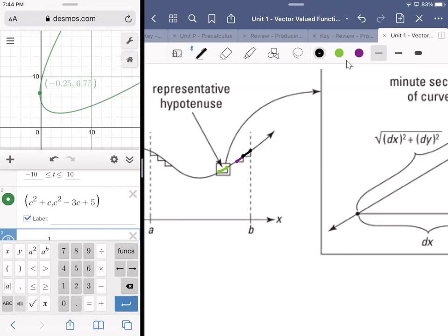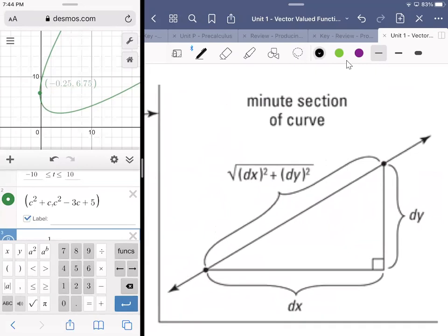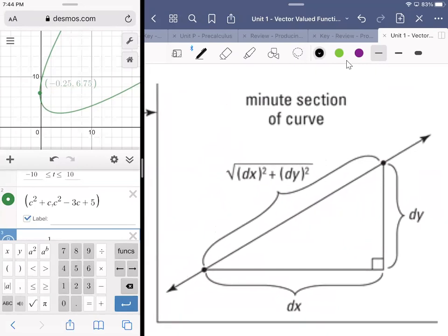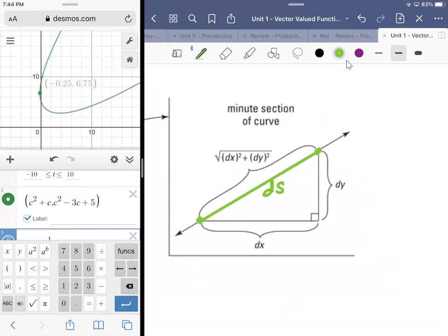This is kind of like that, but we do need an expression to represent that little tiny smidge of distance. So the little minute section of the curve will have some distance that we call ds. All right, so this little distance here, a little smidge of a distance, we call that ds. So the relationship between dx, dy, and ds is going to be Pythagorean.